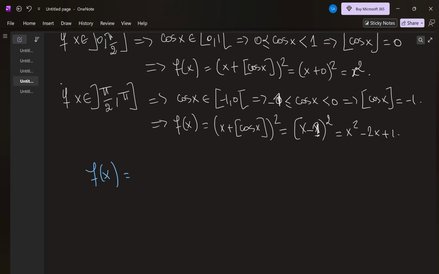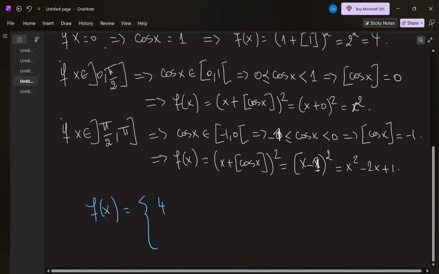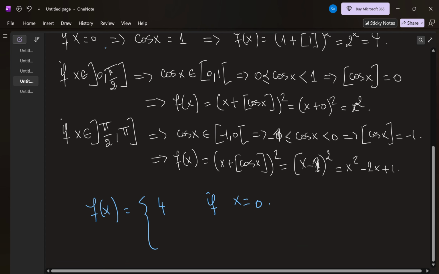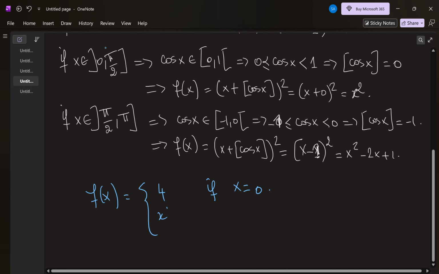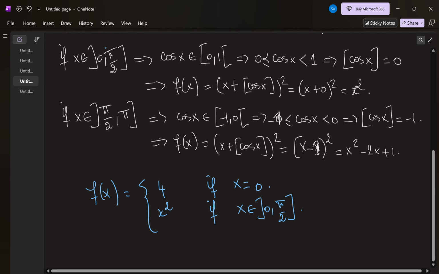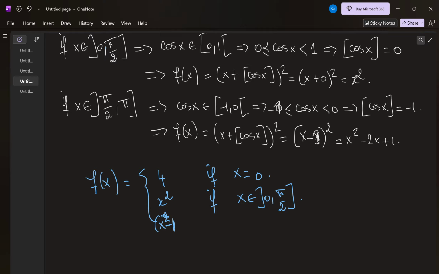So f of x will be equal to 4 if x is equal to 0, then it is equal to x squared if x is in the interval from 0 to pi over 2, and it is equal to x minus 1 all squared if x is in the interval from pi over 2 to pi.